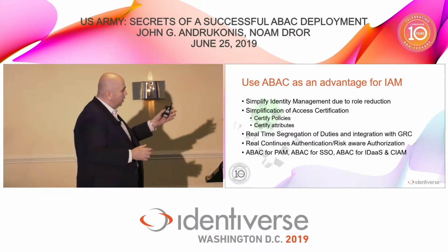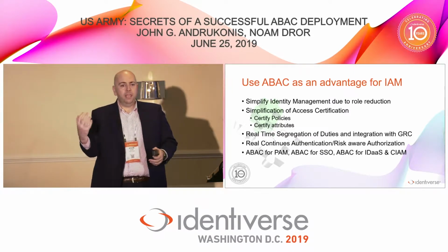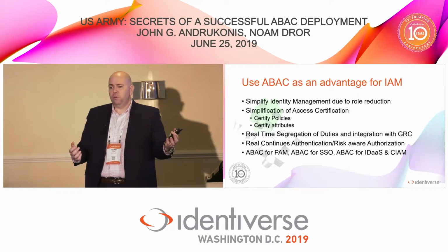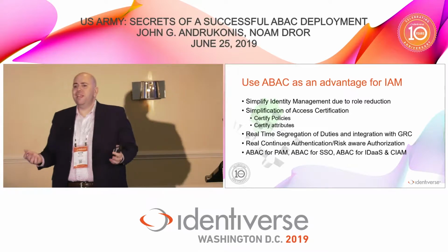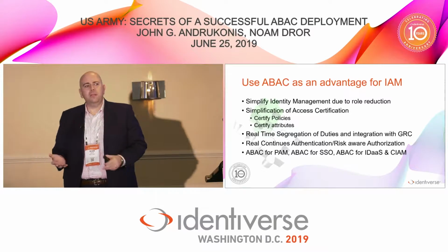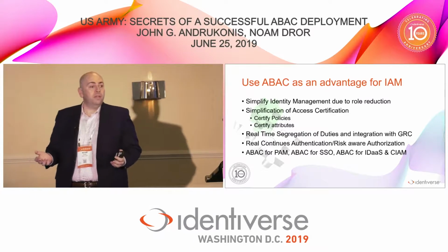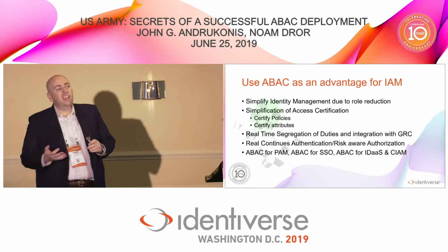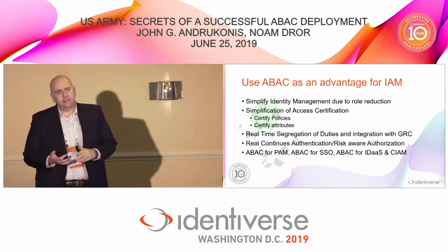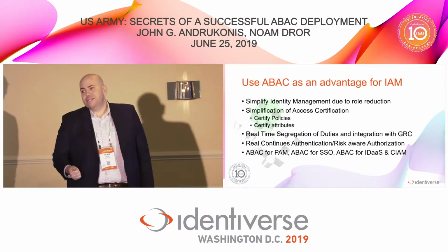Then, of course, the risk aware. So attribute can be anything. Attribute can be a user attribute. It can be a resource attribute regarding what is that data. But it can also be contextual or environmental attributes. So that can be time of day, location, IP addresses. It can also be a risk score. So if you're very big in your environment on UBA, UEBA, any kind of risk authentication, you can calculate that risk into an authorization decision.